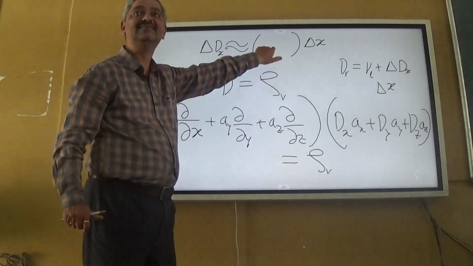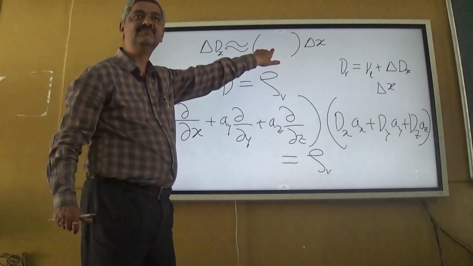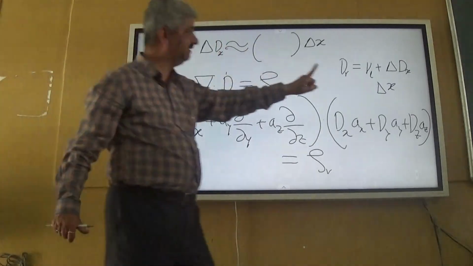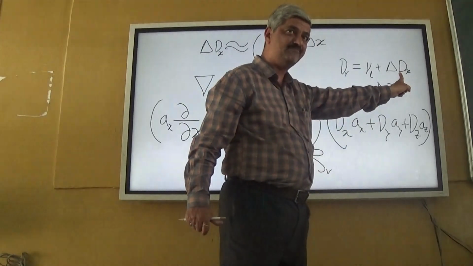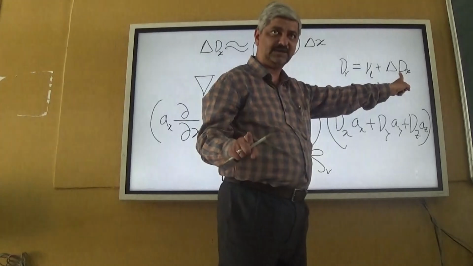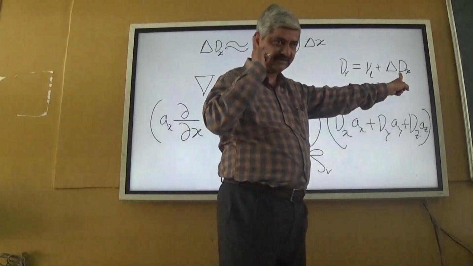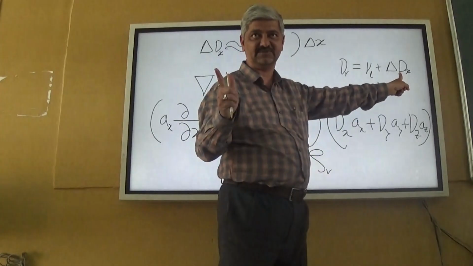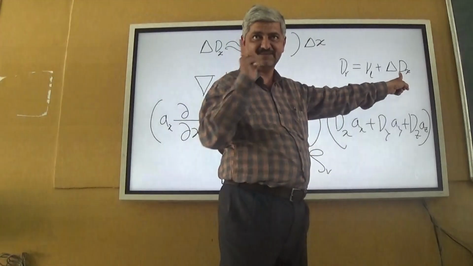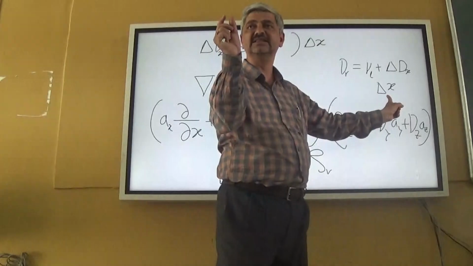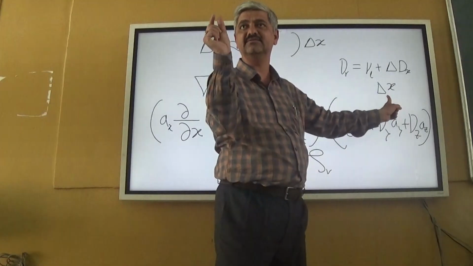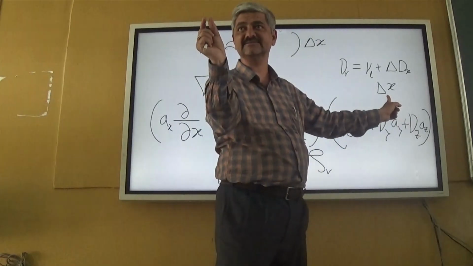What would this be? Delta Dx is the difference in the x component of electric flux density on the right hand surface and left hand surface. The right hand surface and left hand surface differ in x direction by a negligibly small quantity delta x.